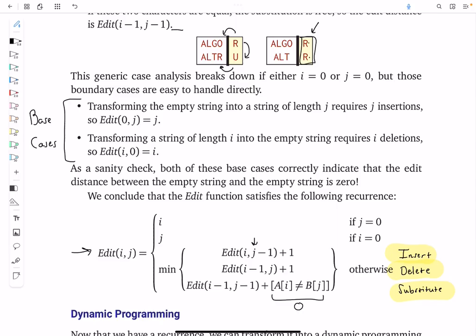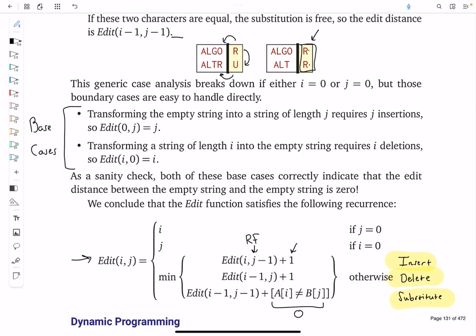So either we insert, delete, or substitute, we try all three. The recursion fairy, by the induction hypothesis, computes the optimal solution for the subproblems, and so the opt for the subproblems plus the operation we did gives us the total number of moves. And then the min over all these number of moves gives us the minimum total for the entire process.